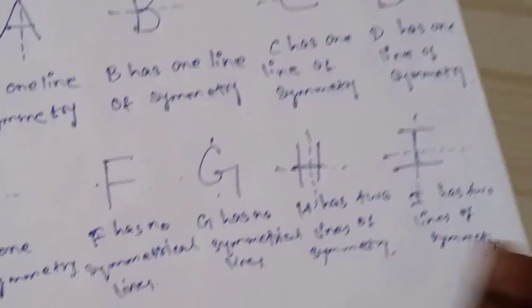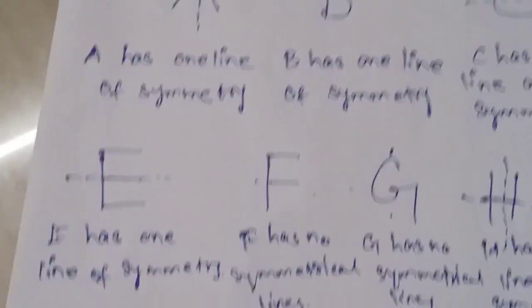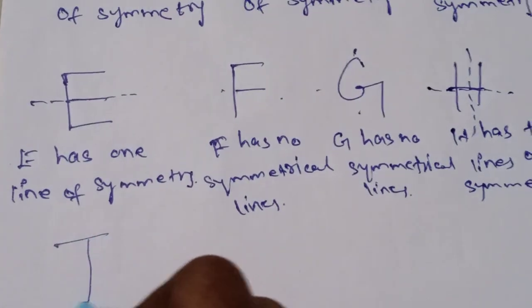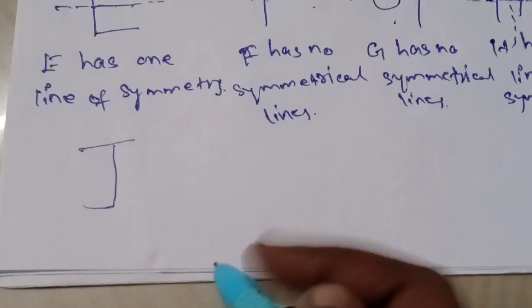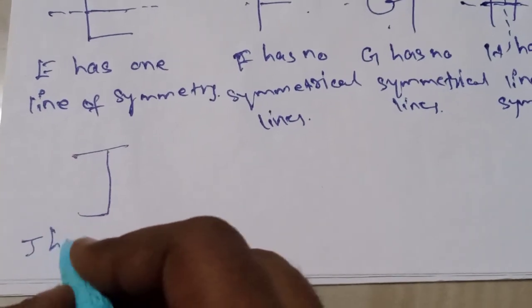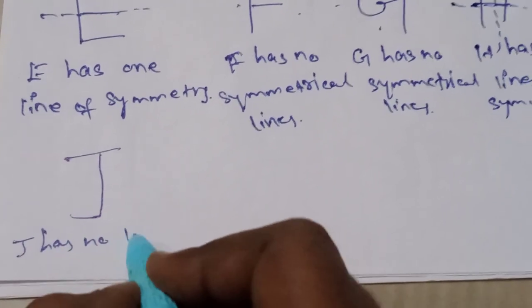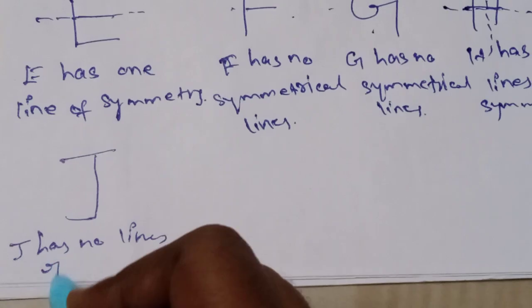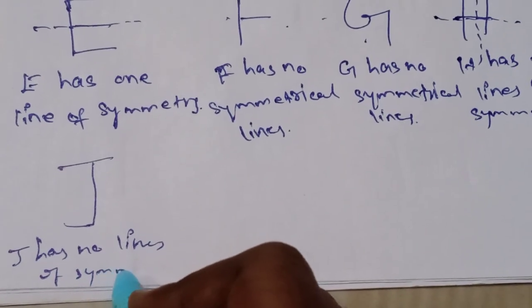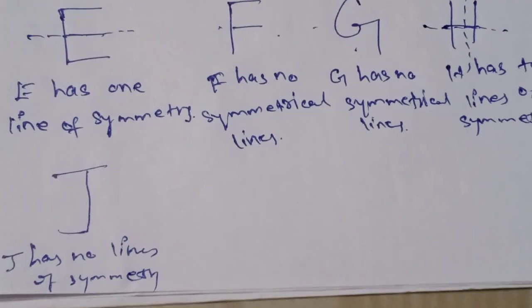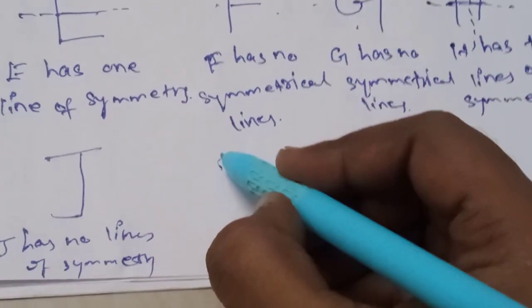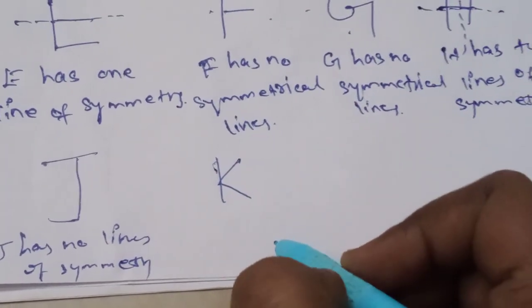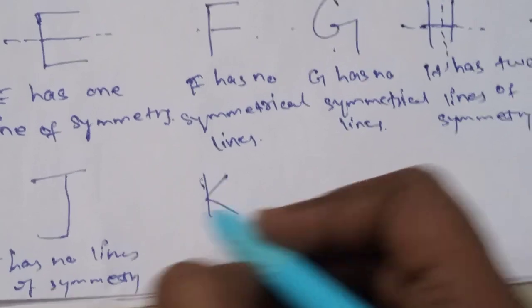Okay, next J. Can we divide J by symmetrical line? It is not possible. So J has no lines of symmetry. Then K. Does K have any line of symmetry? Yes, it is possible.